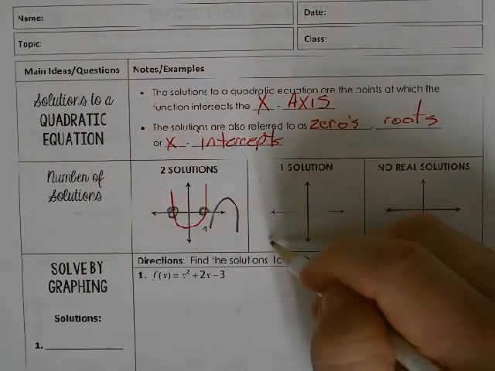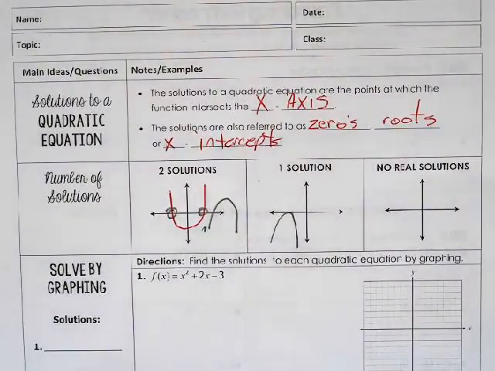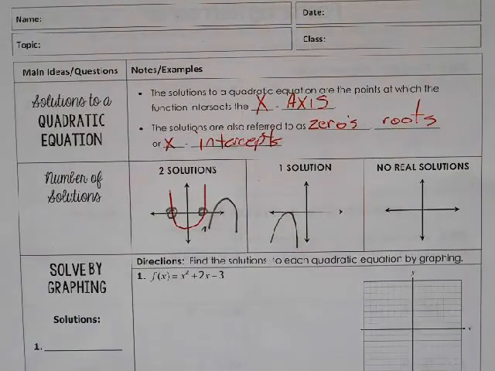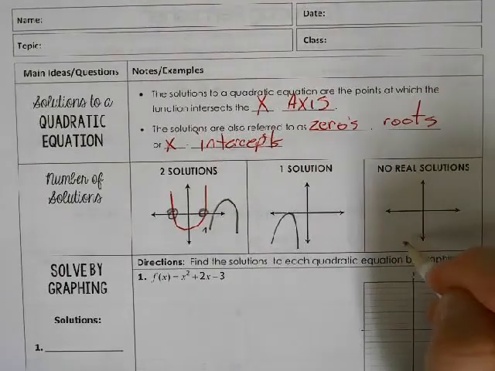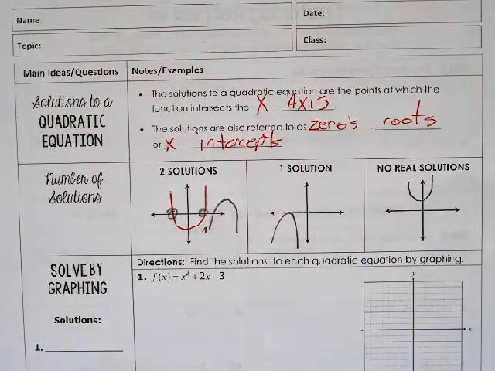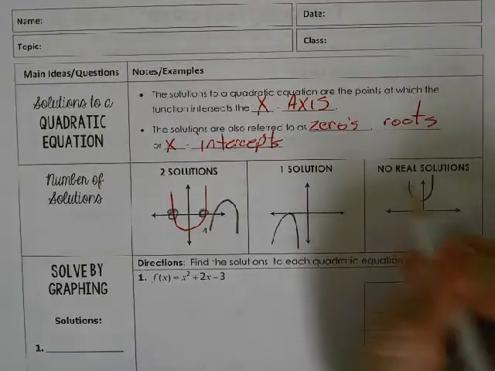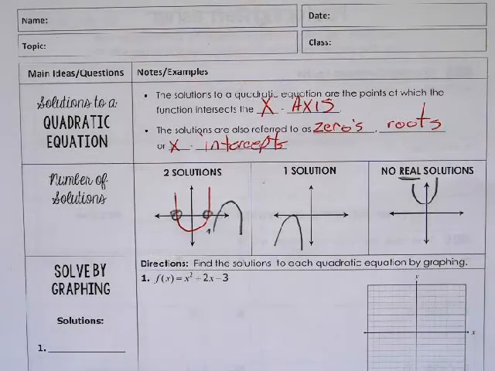That could be where it just barely touches, like so. Or the reflection of that, where it goes up. And no solution can be like that. I should say no real solution, okay? Because that equation actually would have an imaginary solution.